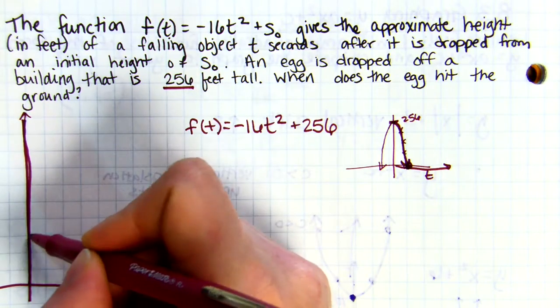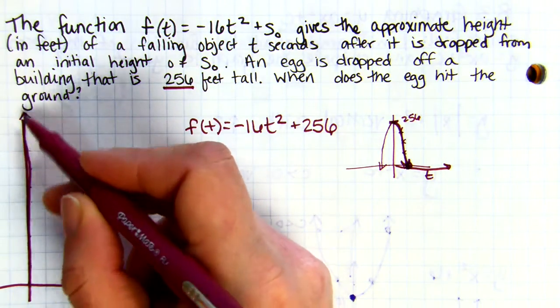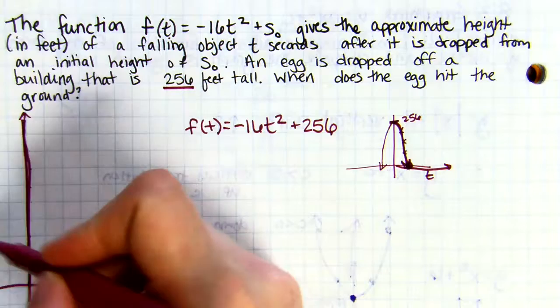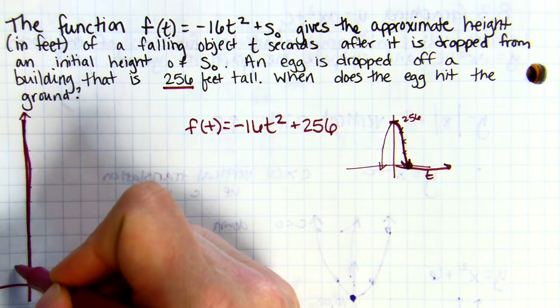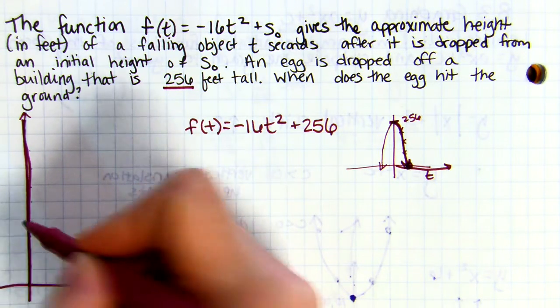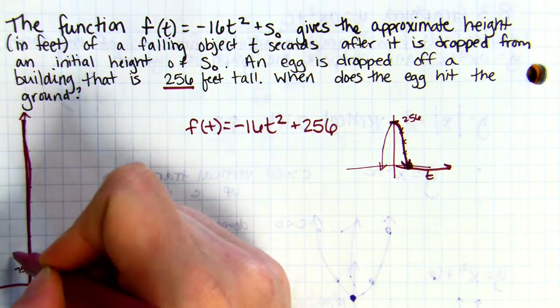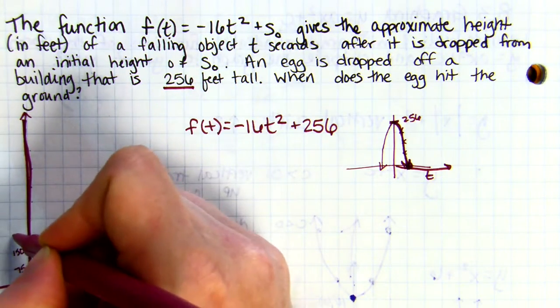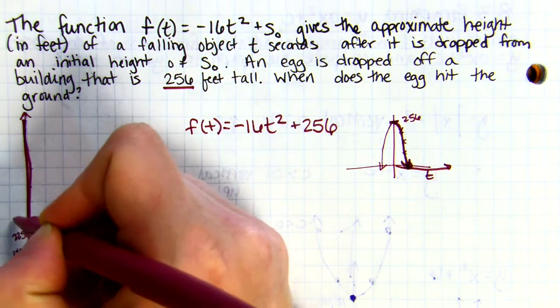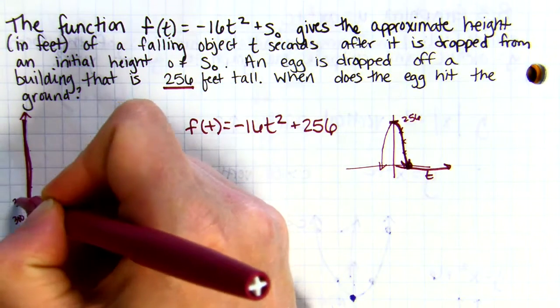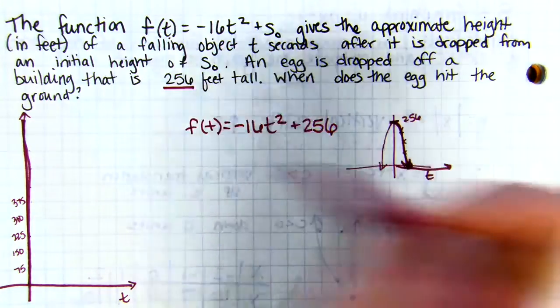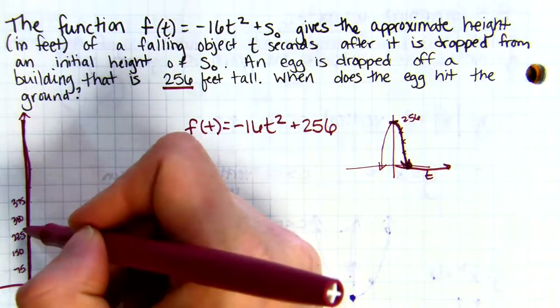Let's see. Let's make each of these, oh, I don't even know. Let's do 75, 150, 225, 300, 375. Oh, I only need to go to 256.